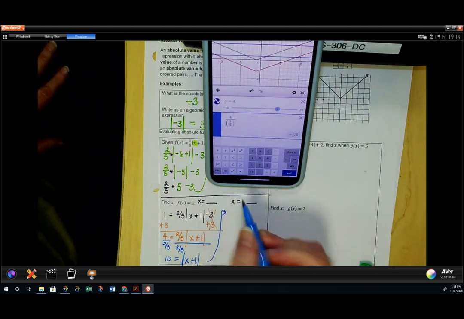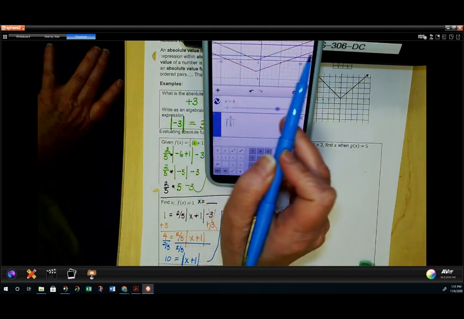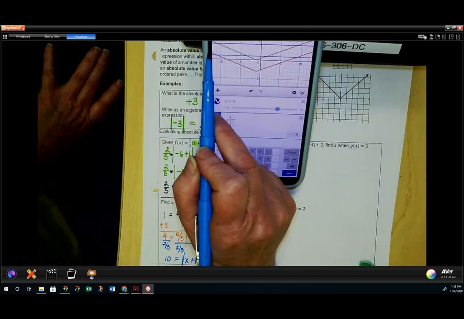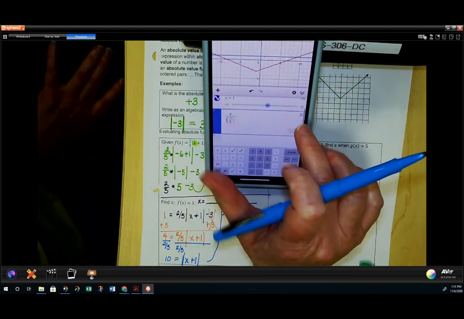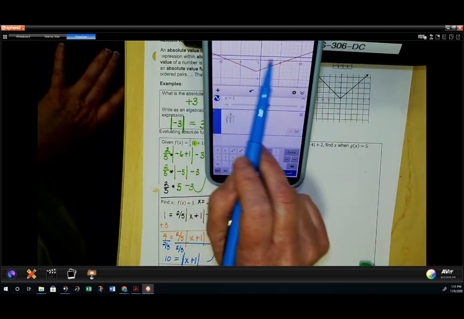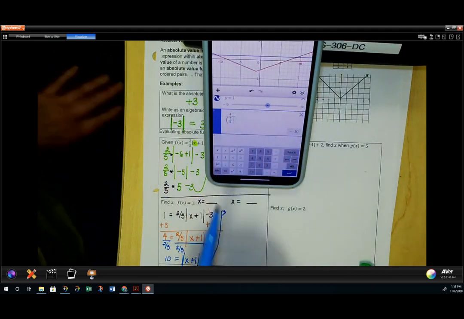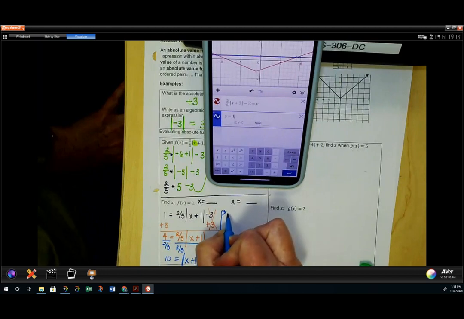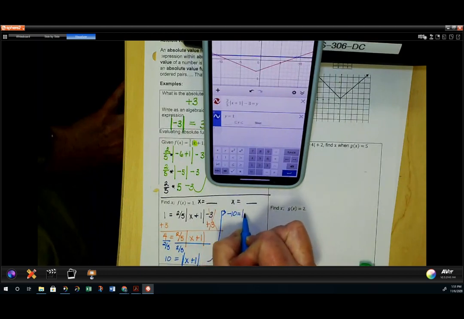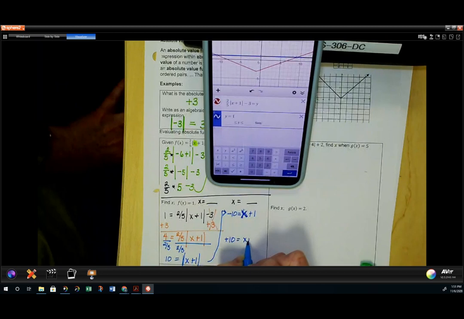When I have that absolute value, I want a positive value on both sides, and I know I'm going to have 2 answers, because this blue line hits my absolute value graph at 2 places. So -10 is going to equal x plus 1, and positive 10 is going to equal x plus 1.